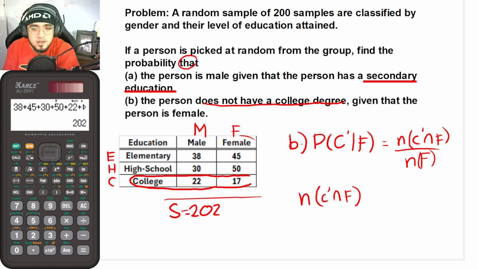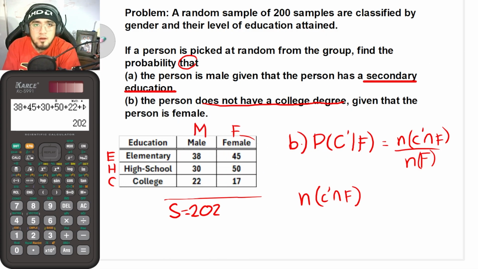Since we are to get the complement, it means that we are now getting these values here. That is for C complement. However, it must be female. So our event that we will be making use of here is just these two. So this is now equal to 45 plus 50.